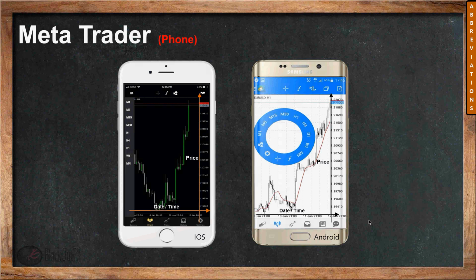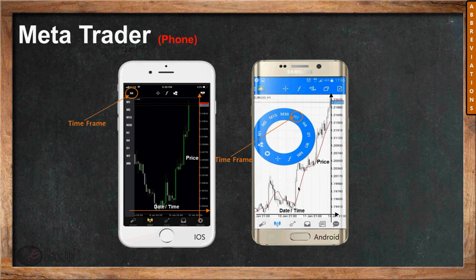On the phones, obviously, it's the same format as well. We have date and time on the bottom, and also for Android, you have the price on the right hand side. For iOS, I think you have the time frames on the top left, and over here on the Android you have it on radial selection.